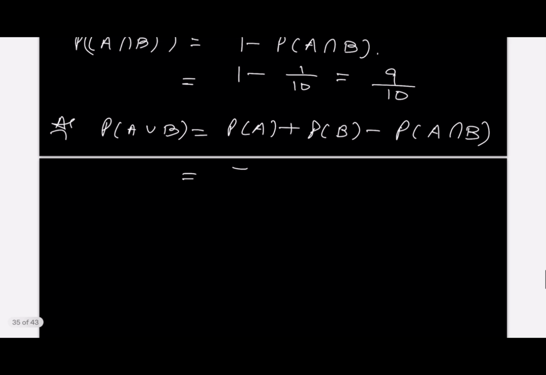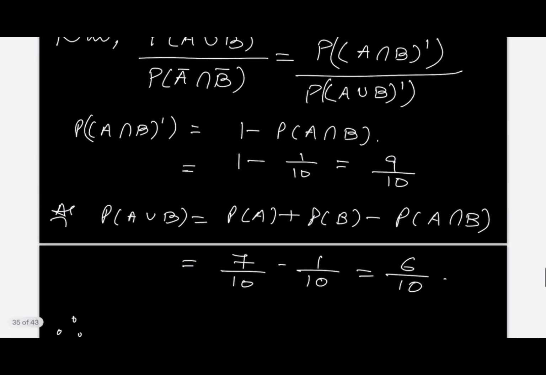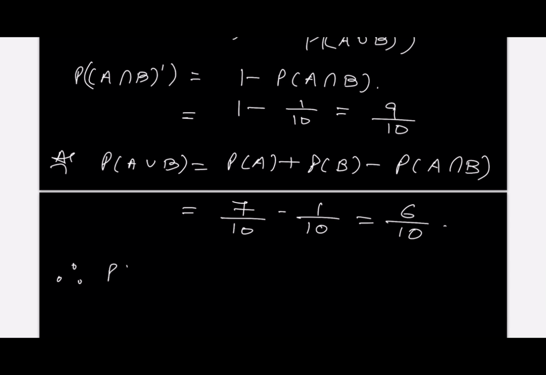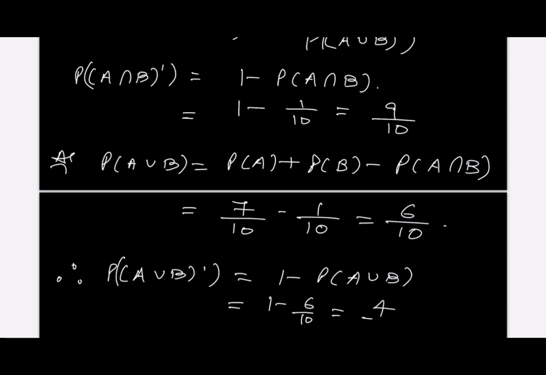So 7 by 10 minus 1 by 10 is 6 by 10. Therefore P of A union B whole complement is 1 minus P of A union B, which is 1 minus 6 by 10, is 4 by 10, right?